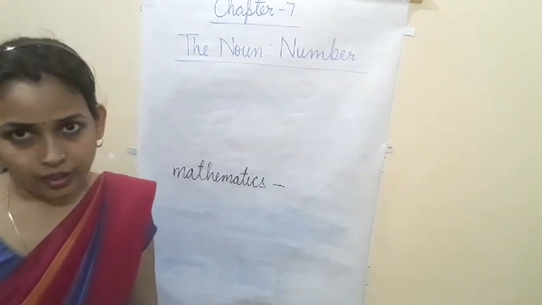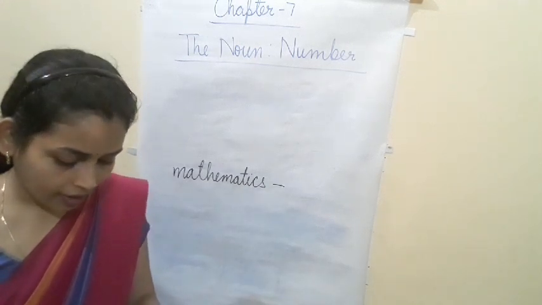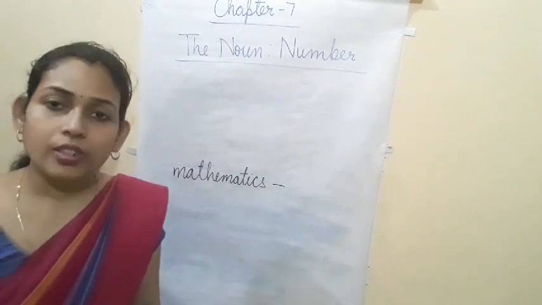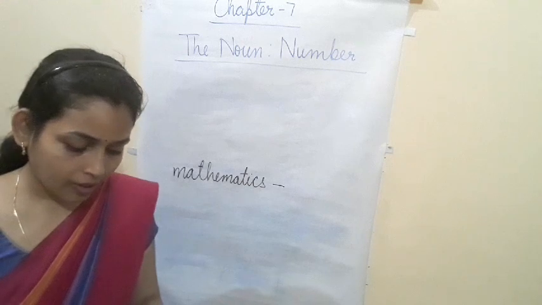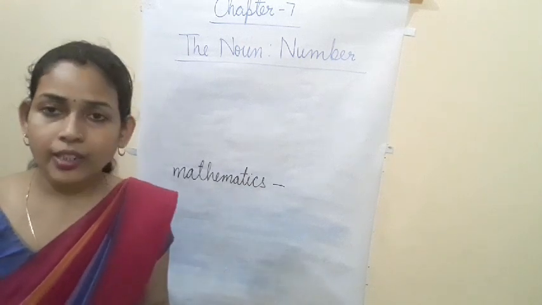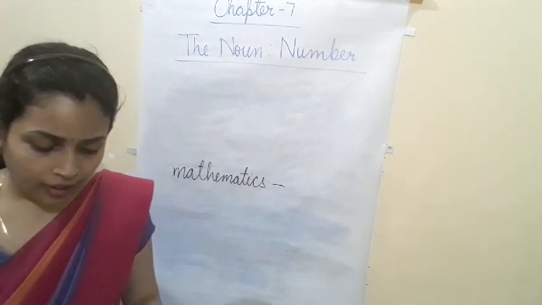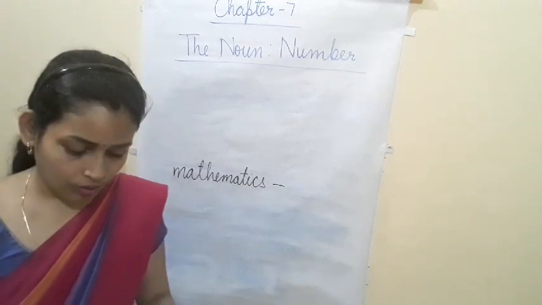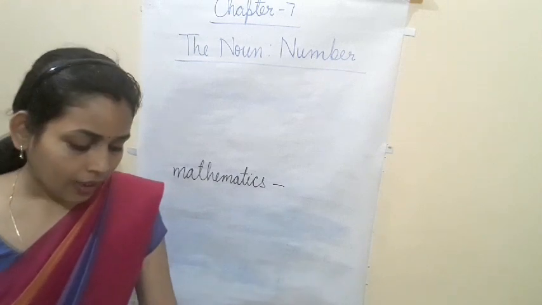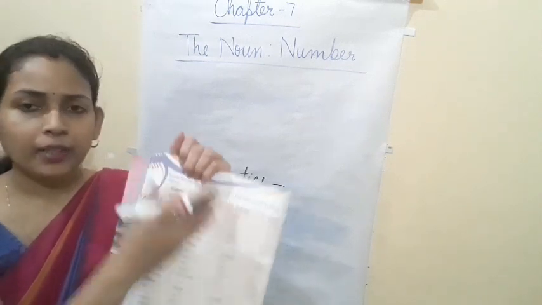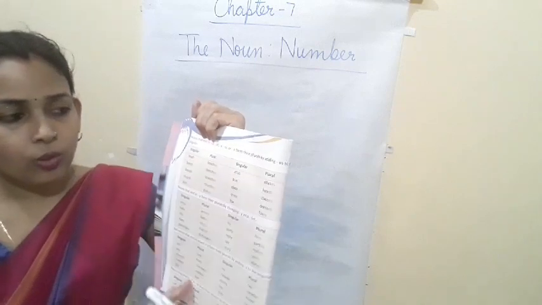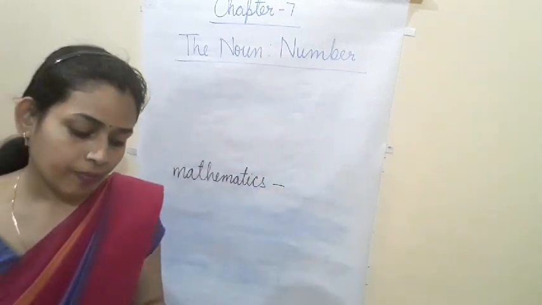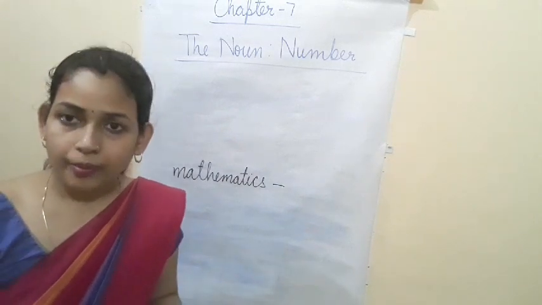So I hope noun number is clear, and please revise everything I taught you. Everything is given in the book. Don't only see the exercises, read all the pages, including the explanations. Many singular and plural forms are already given there, so read them many times.